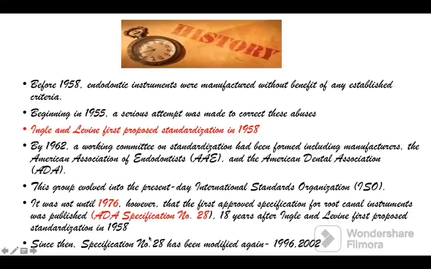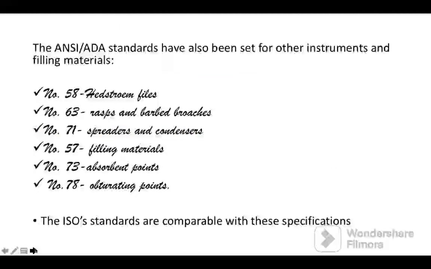Since then, specification number 28 has been modified again in the years 1996 and 2002. After that, specifications for different instruments have also been set out by the ADA, like number 58 for the Hedstrom files, number 63 for the barbed broaches and rasps, number 71 for spreaders and pluggers, and so on.